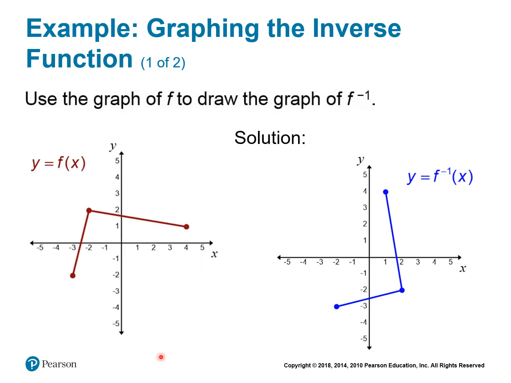Let's look into an example of graphing the inverse function using the information we have been given about the graphs of inverse functions. So it says here, use the graph of f to draw the graph of f inverse. The graph on the left hand side, the one in red, is the graph of the original function y equals f of x, and we are asked to draw the graph of its inverse.